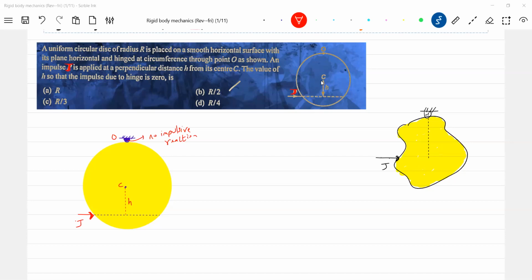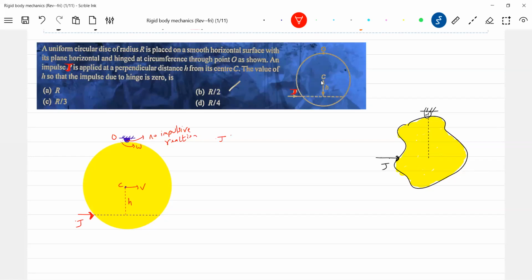Now, when we apply impulse, let the center of mass move with a velocity v, and let it have only rotational motion about point O. Then let me apply conservation of angular momentum.